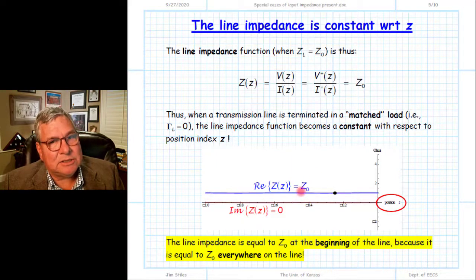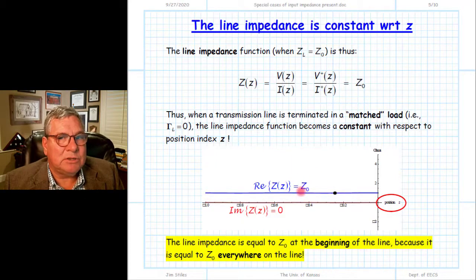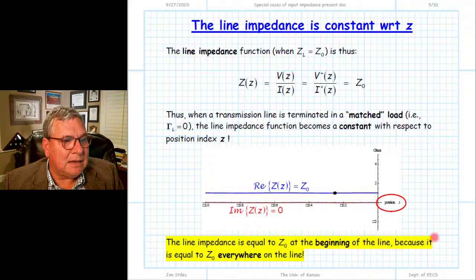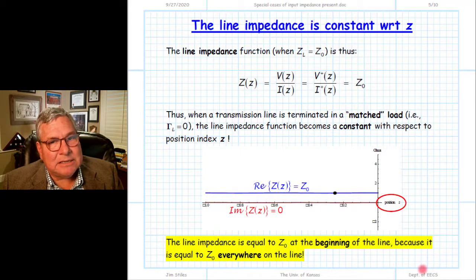And of course, this is why the input impedance is always going to be equal to Z0, because the line impedance function is Z0 everywhere. Wherever we trim the length of our line, wherever we decide the input to our transmission line needs to be, the input impedance there will be equal to Z0, and therefore the input impedance is numerically equal to Z0 regardless of the length of the transmission line.